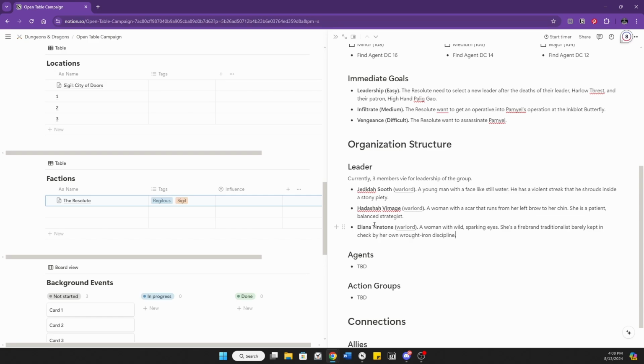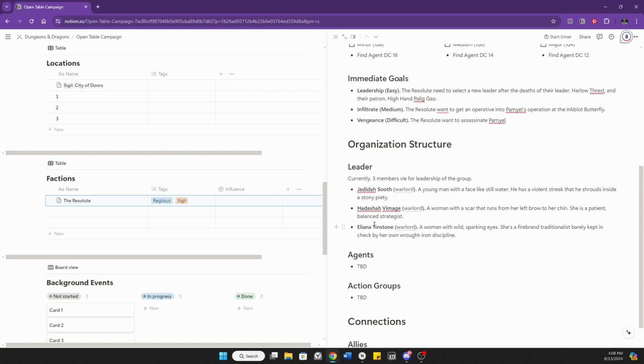And so you just need a little bit of information for the various members, unless they become really influential in the game. So, for example, if my party was to really dig into the Resolute and decide that this is an organization that they are either very much for, or more likely, knowing my players, very much against, which is frankly the intention. They're not supposed to be a very nice group.